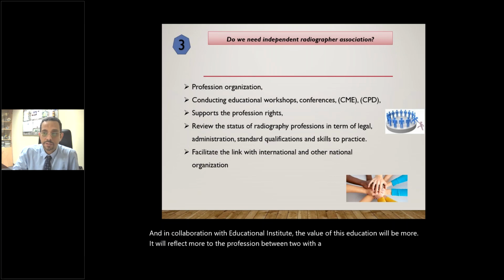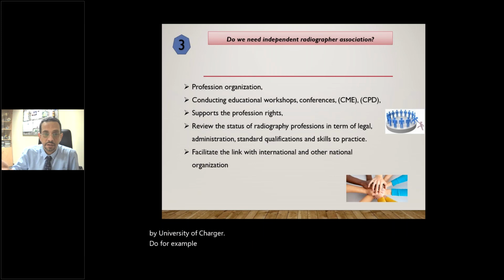If we compare, for example, any activity we organize in the United Arab Emirates by the Gulf Medical University or by the University of Sharjah, to any conference organized, for example, by the EFRS or the ECR, we find that the professional body had a strong connection with the universities.